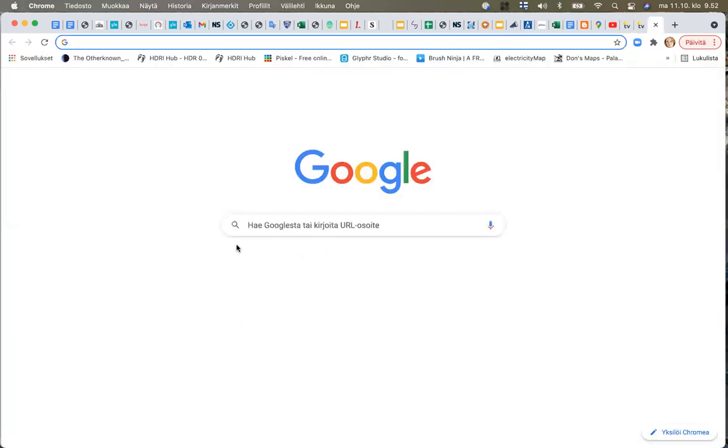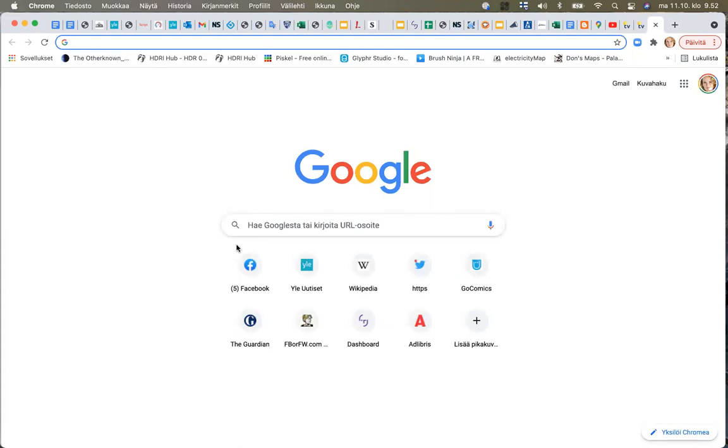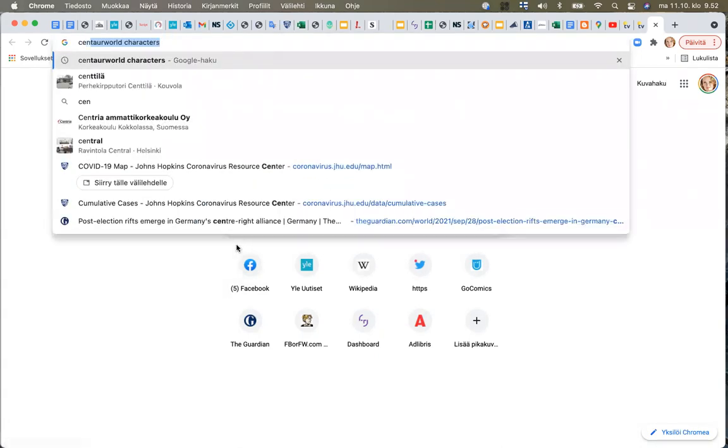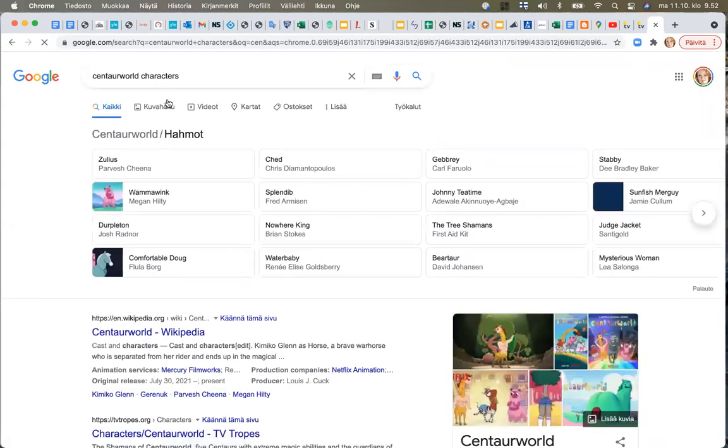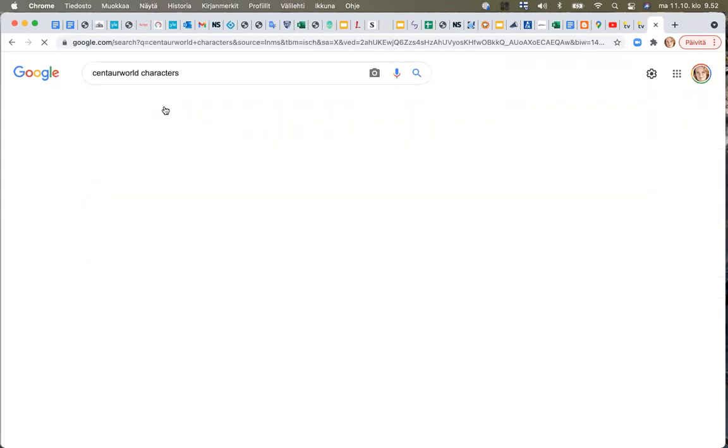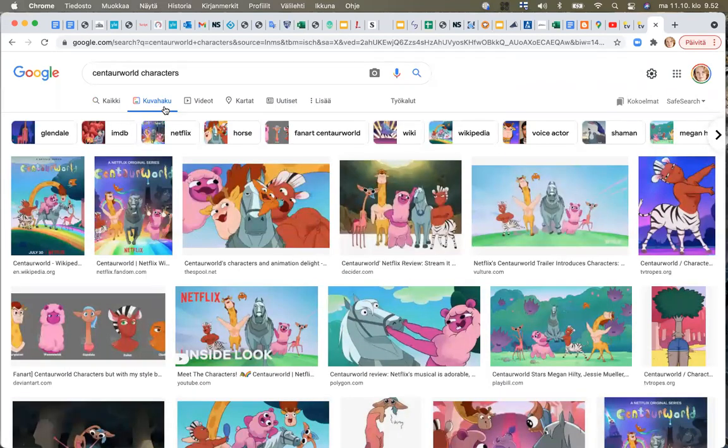For instance, of the 5-man band, you already looked with Chris at Centaur World, so let's do that again. Centaur World characters. And yes, we have 5 of them, except that there's 6.